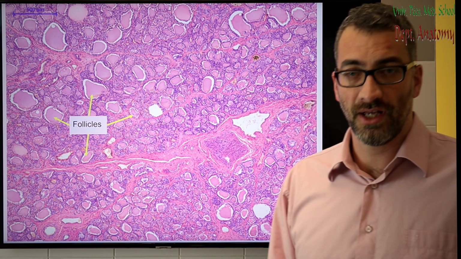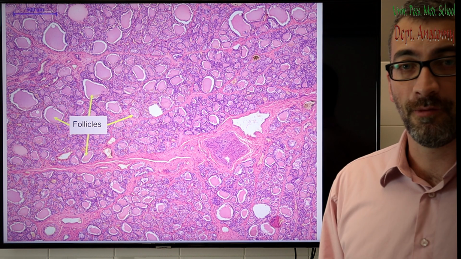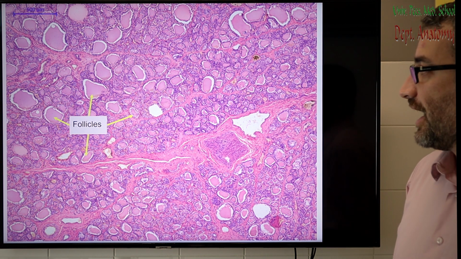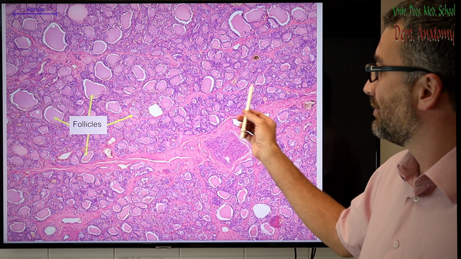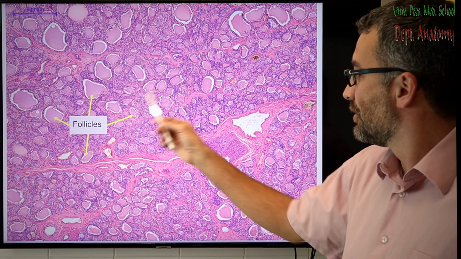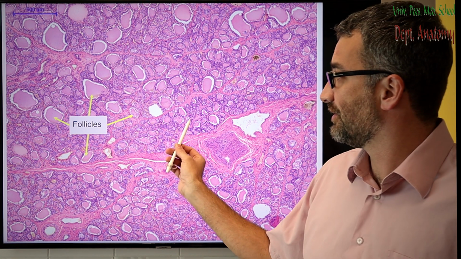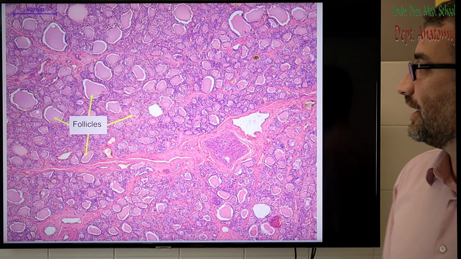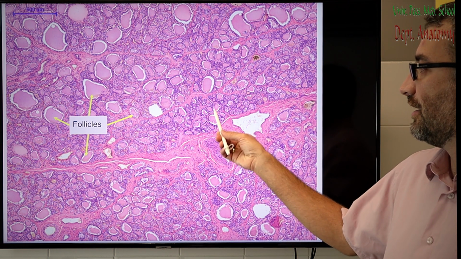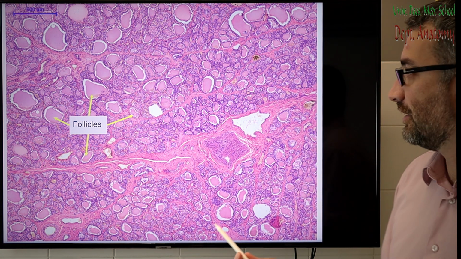When we have a look at the histological structure of the thyroid gland, we see a very typical pattern of the parenchyma of the gland, which is then separated by connective tissue septums to smaller lobules. The parenchyma itself consists of glandular cells which are organized in cyst-like or sphere-like units, which we call follicles.